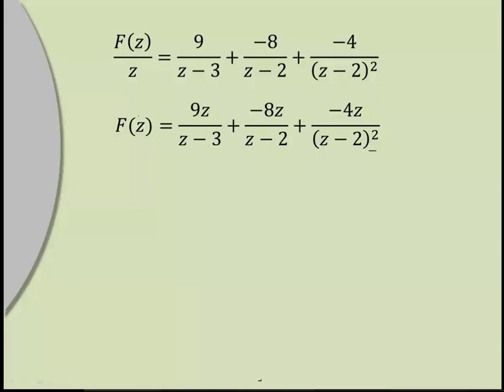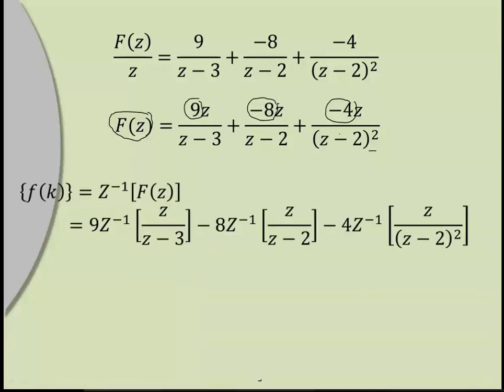But what we want is the inverse z of this. We want f of k. We got f of z separated, just a separation of the terms we have done. Now take z inverse on both sides. The constant terms we can keep as they are outside, and now separately find the inverse z of each term.